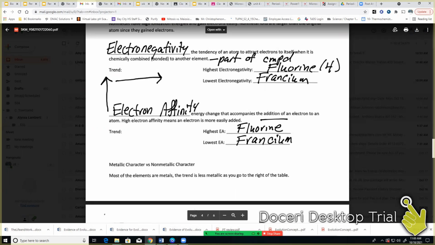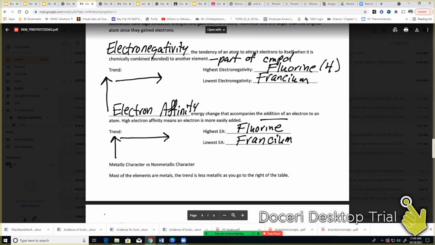Francium does not want an electron, so it has a low electron affinity value. So electron affinity increases also as you move across the period and then as you go up a group.